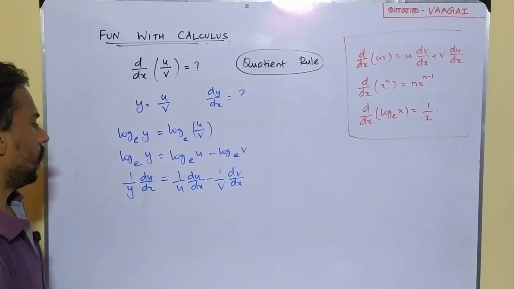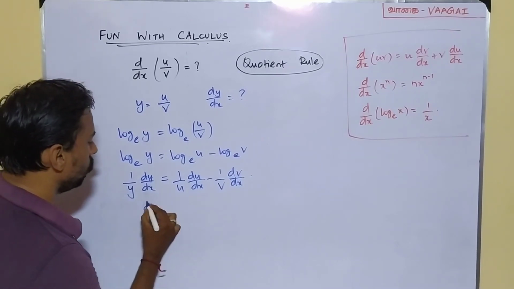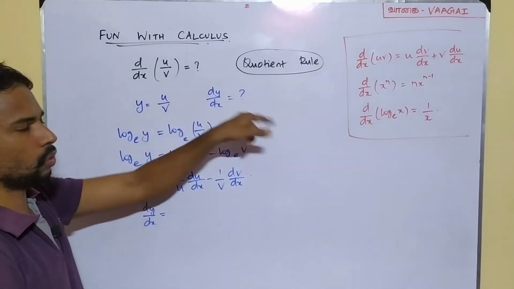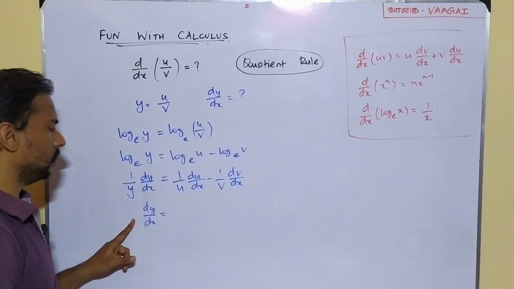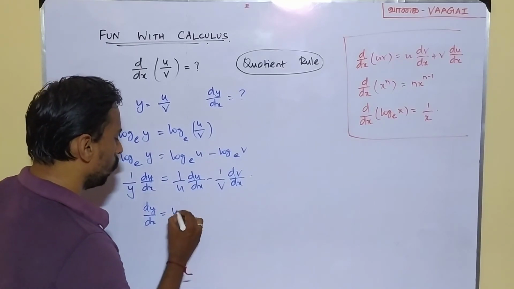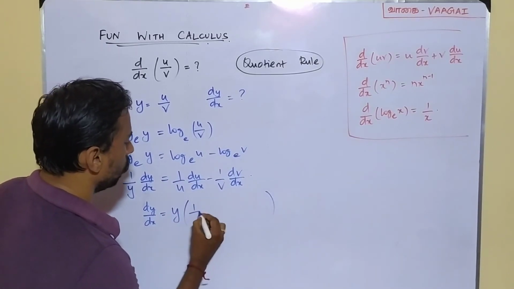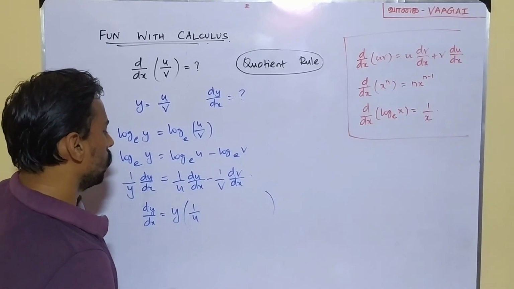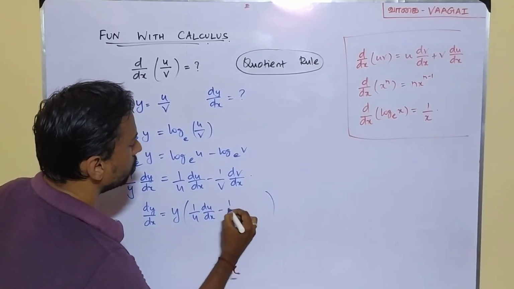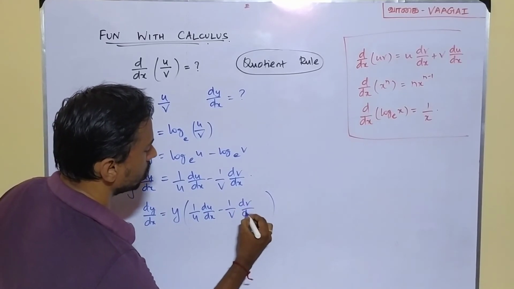So finished. And now we are getting closer. dy by dx is equal to, because we need to find the value of this dy by dx only, so just try to bring this y to the right hand side, so that you will have y times this entire thing, 1 by u du by dx minus 1 by v dv by dx.